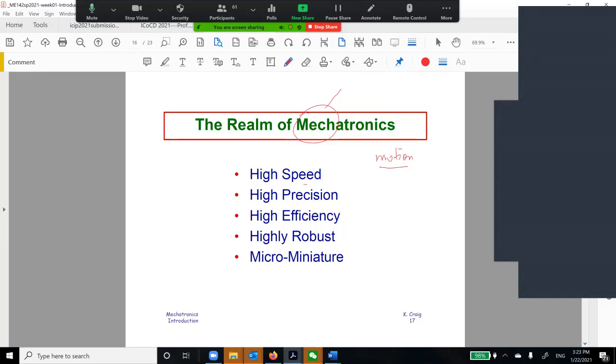Here they're talking about high speed, high precision, high efficient, high robust, macro miniature, all those things, implying something with motion. But in reality, you could have a mechatronic system that has no moving parts. Make sense?